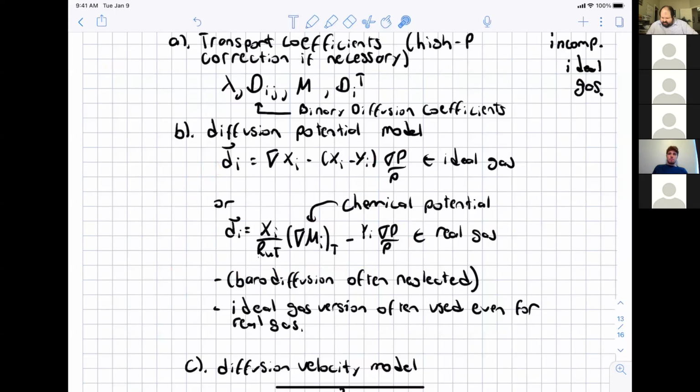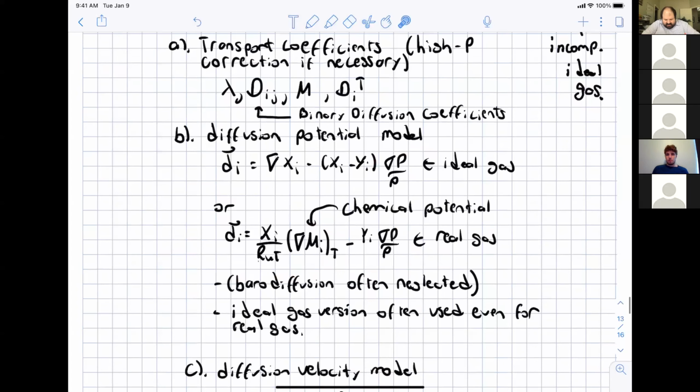When we go over some supercritical combustion later on, I will show one example of where that can go wrong. Okay, and so a lot of folks, even though they're using a real gas, will use this form of the diffusion potential, half the time intentionally, and I suspect the other half of the time not really knowing that there's a more physically correct version for real gases.